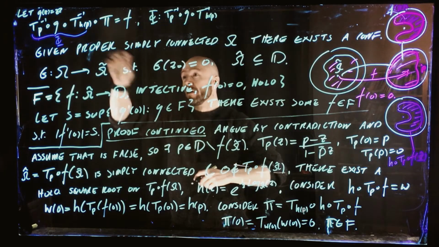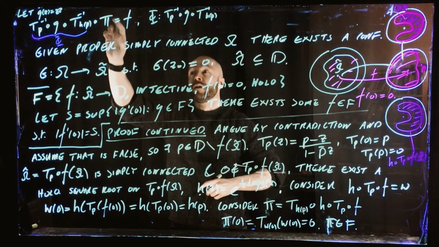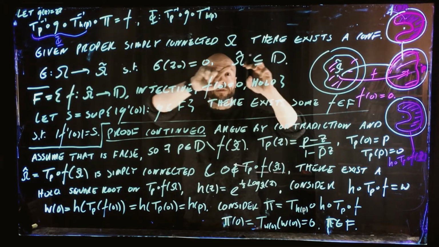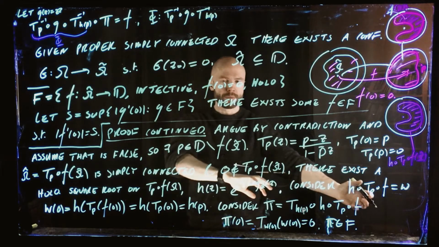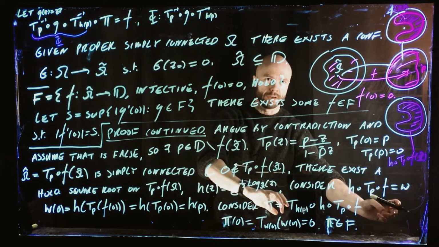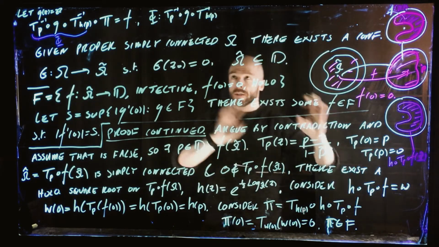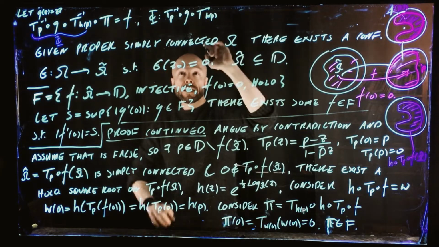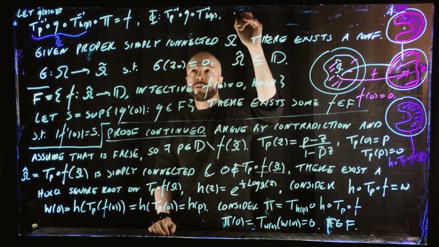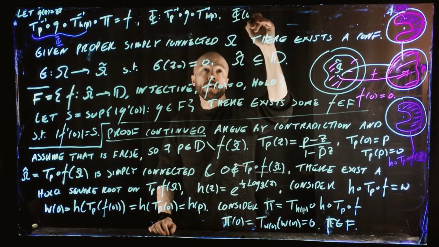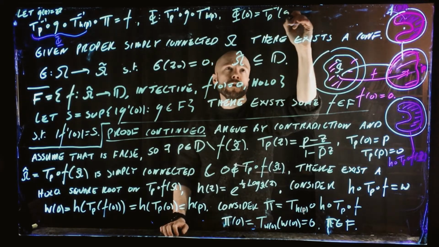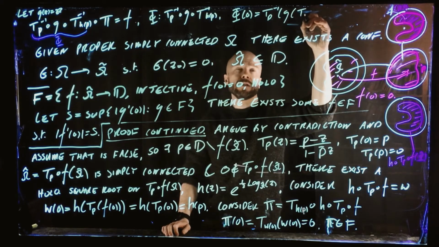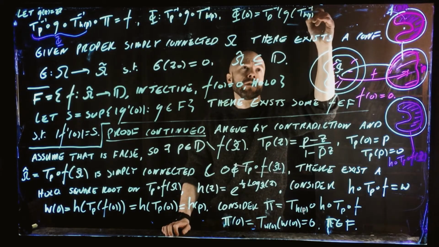But when it's acting as the restriction of pi acting on omega tilde, it will be injective, because at every stage we have injective mappings restricted to our domain. Okay? But this guy itself is not, so let's look more closely at this guy. If we do phi of 0, then that is t of p to the minus 1 of g of t of h of p to the minus 1 of 0.